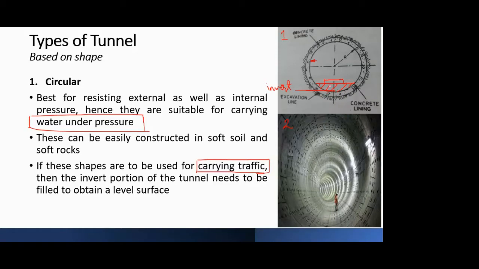So you will know that you require this much space above the height of your vehicle. If I have a huge truck in the tunnel, obviously there should be some clearance between the top edge of the truck and the roof of your tunnel, because you are also going to provide all the ventilation system into it.